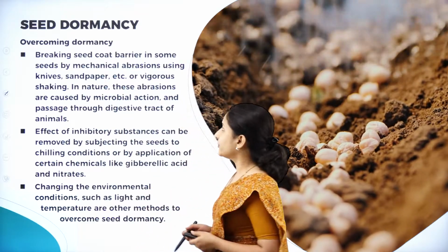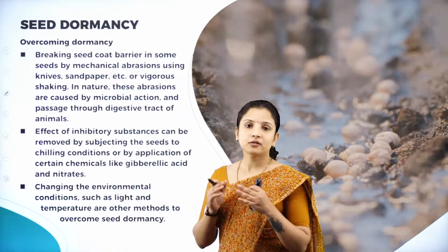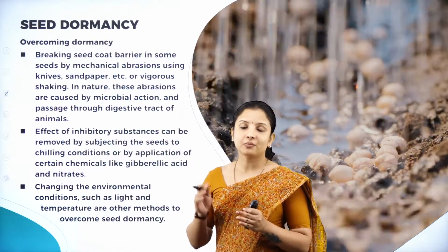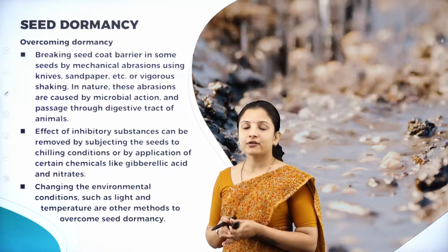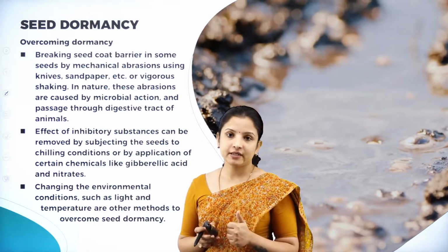Next, talking about how to overcome this dormancy, how to break the dormancy of the seed and make that particular seed germinate. I told you one of the reasons for seed dormancy is the hard seed coat.